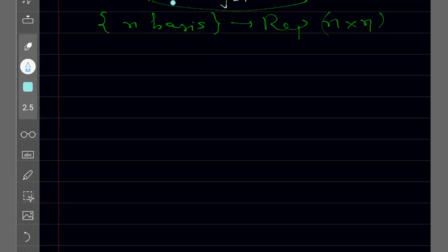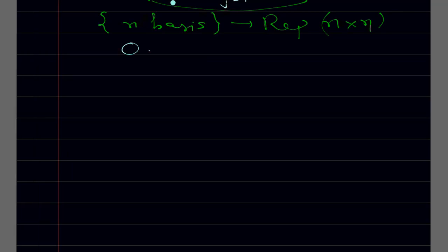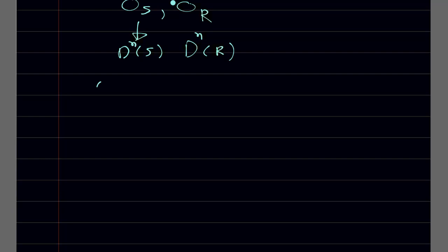I'm going to choose two operators, OS, OR, and their corresponding matrix representation in n cross n as d of s and d of r. It would be better if I write n here, but I'm going to drop this because it will unnecessarily make it look clumsy. So now what I want you to do is start with this.